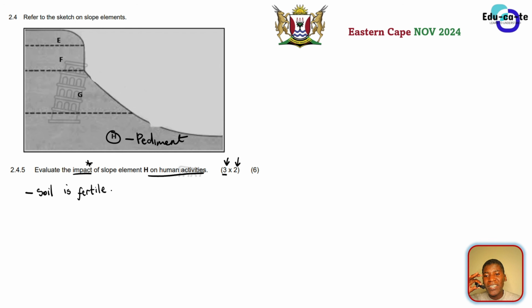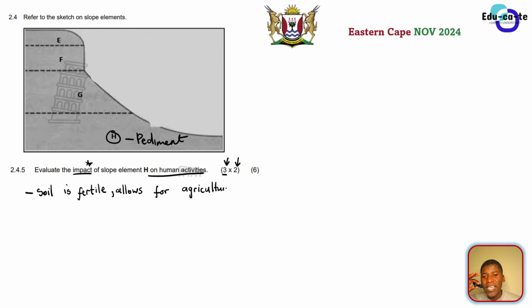The soil is fertile, so this allows us as humans to do farming. So it allows for agricultural activities, or you can mention any other commercial activities that you think can be enabled by this fertile soil. That's how you get the 2 marks.